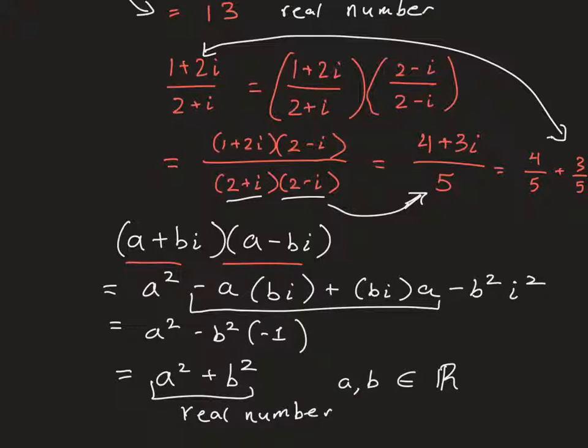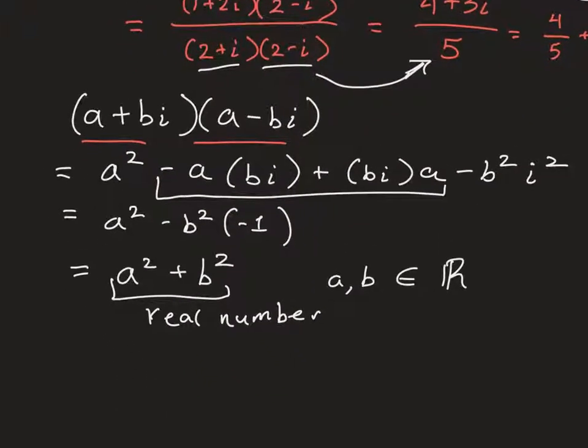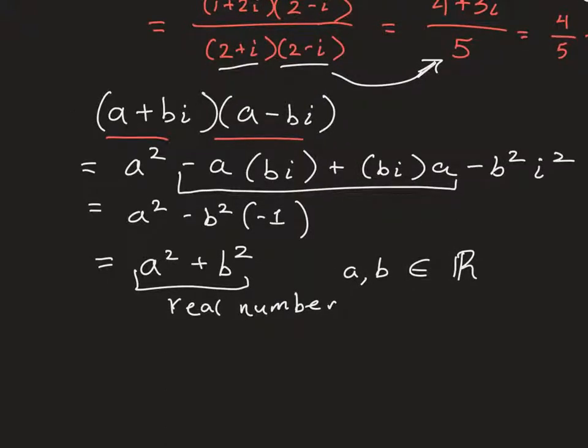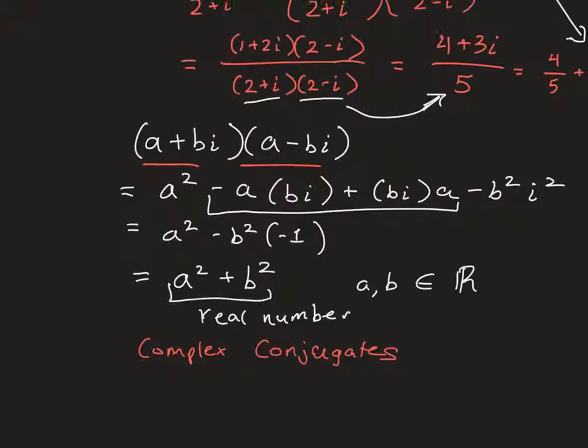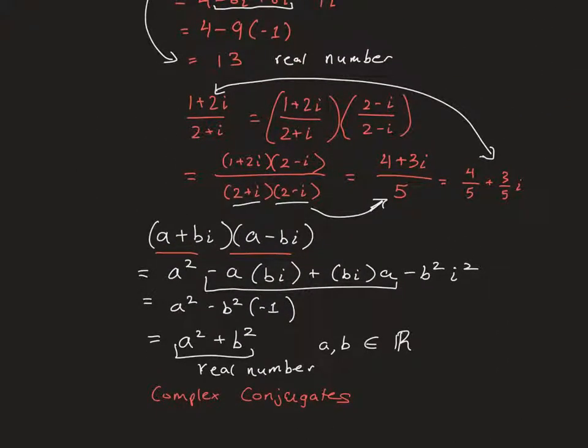So this concept of if you have a plus bi, then if you multiply it by a minus bi, you get a real number, it's called complex conjugates. So that's the strategy you can use to make it easy to work with fractions.